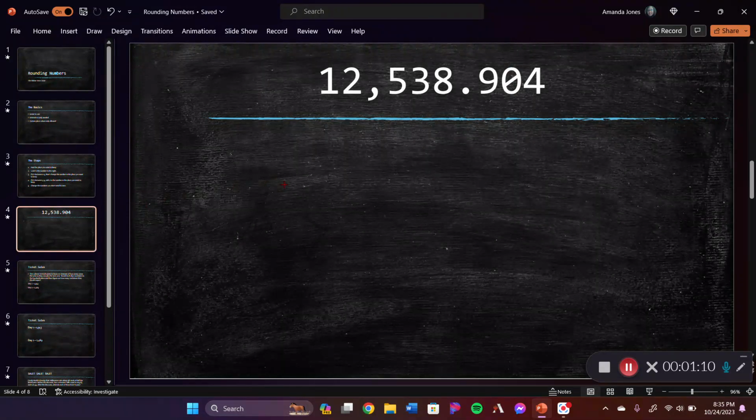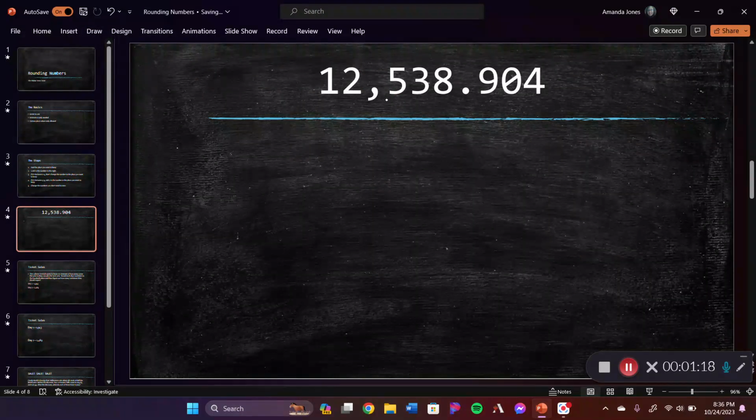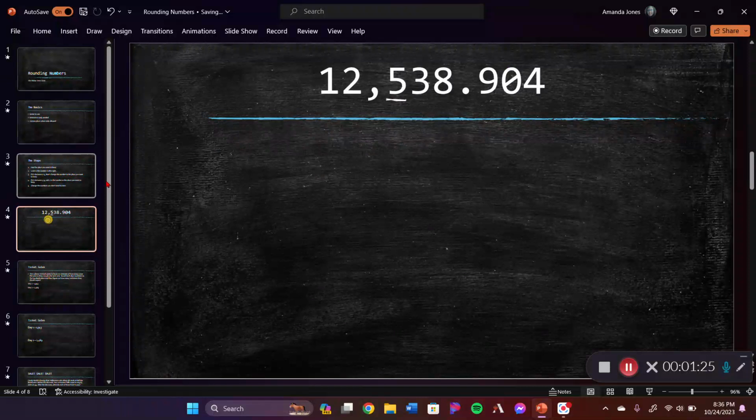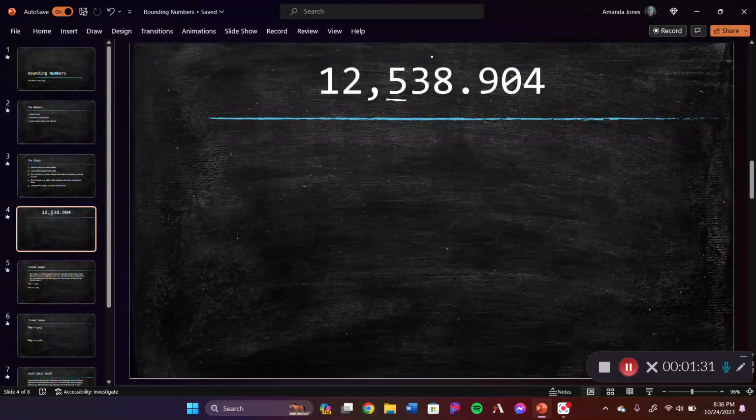So let's start with an example. Let's keep the hundreds place. Okay. So step one, find the number you want to keep, the 5. Okay. Step two, the number to the right. That's a 3.